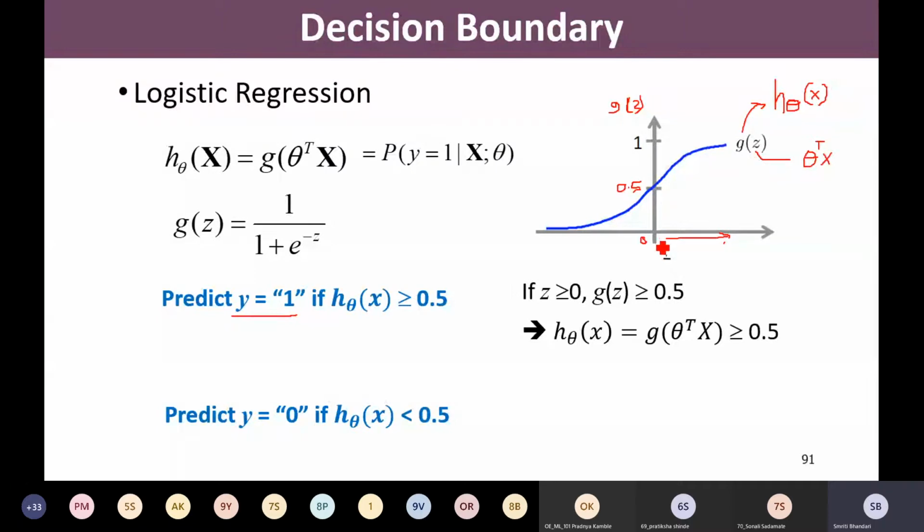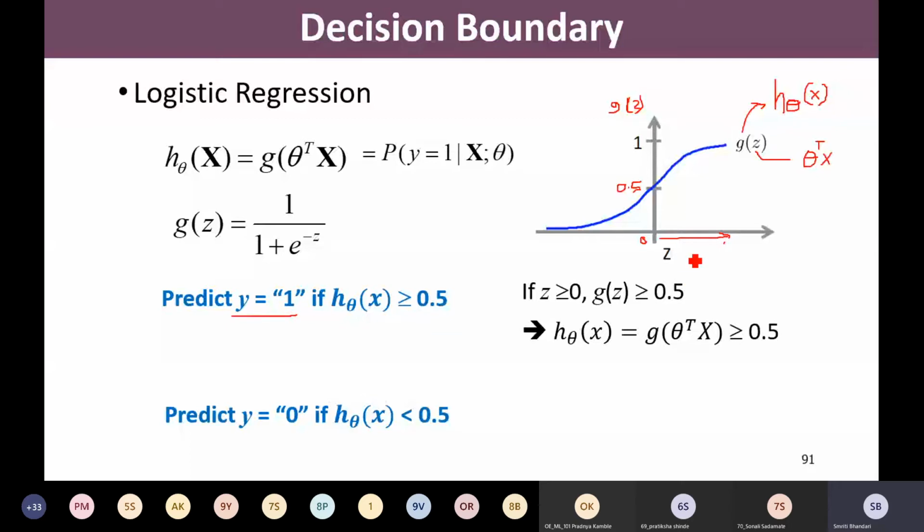Right? So if z is towards this side of 0, if z is equal to 0 or greater than 0, then our h theta x or our g of z would be greater than or equal to 0.5. Do you agree with me? Just look at this plot.